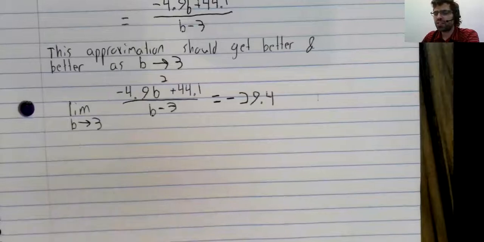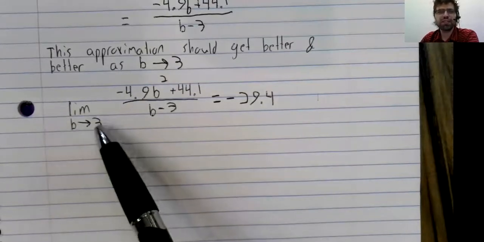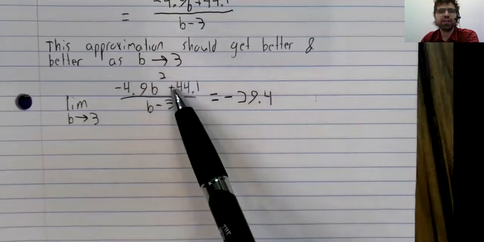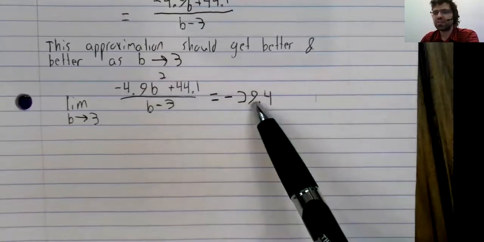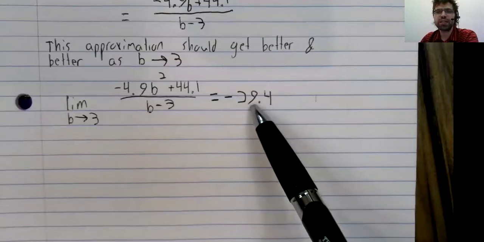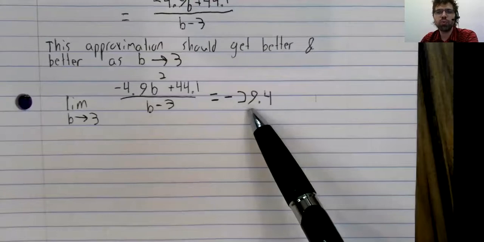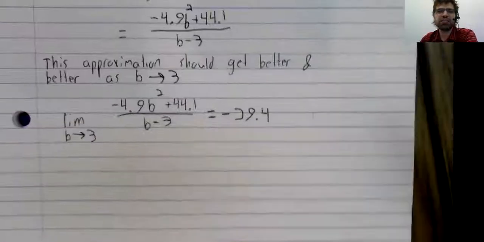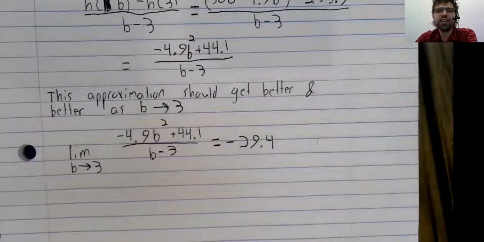And here, as we get nearer and nearer to 3, this gets nearer and nearer to negative 29.4. And that then is the idea of a limit.